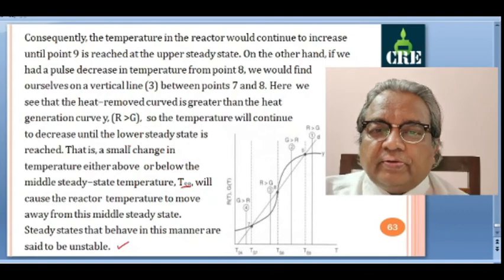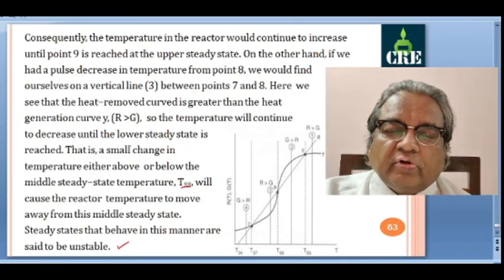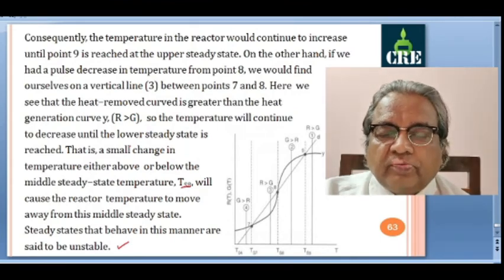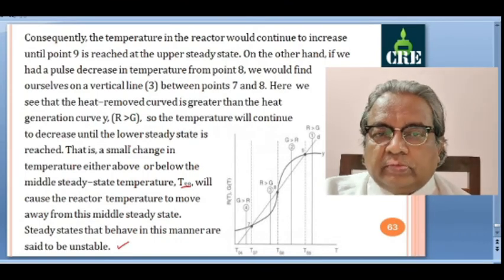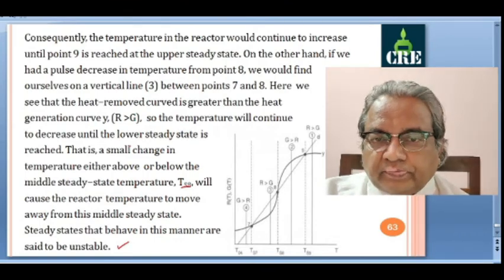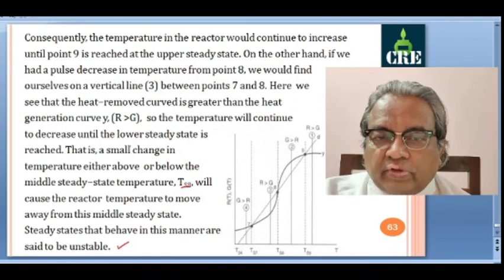So we will stop here, and this non-isothermal reactor design topic which we have studied from another textbook, from H. Scott Fogler, chapter number 11 and 12 in 4th edition.